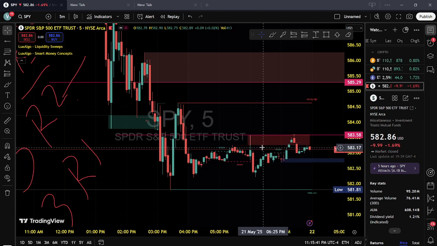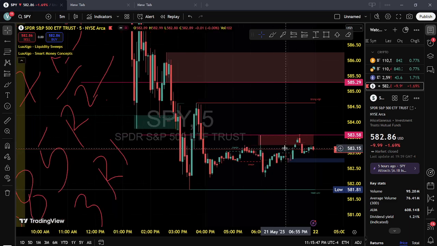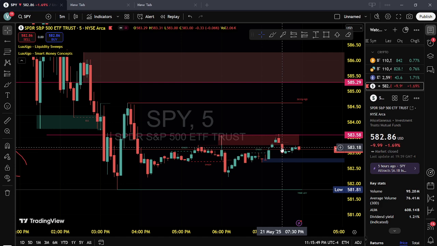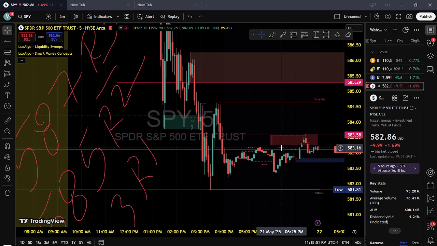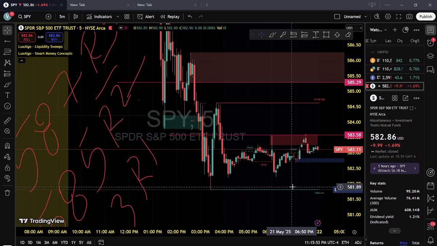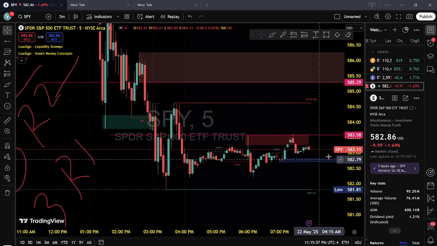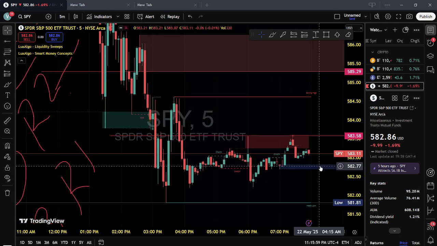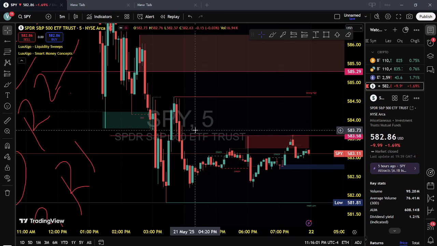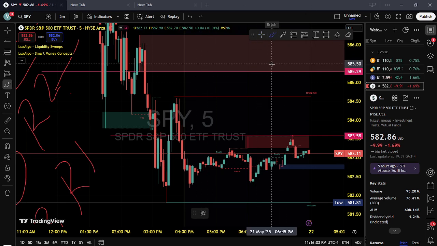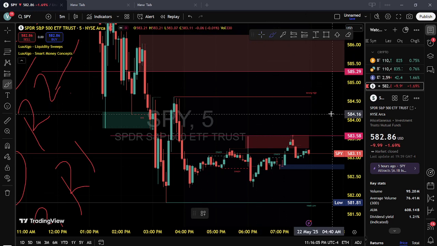Good resistance levels where we will see it try to reach, and we will see immediate rejection. If we see immediate rejection, there is a chance the market will try again to come back towards the lower side. And look at this 582, and this particular consolidation area.